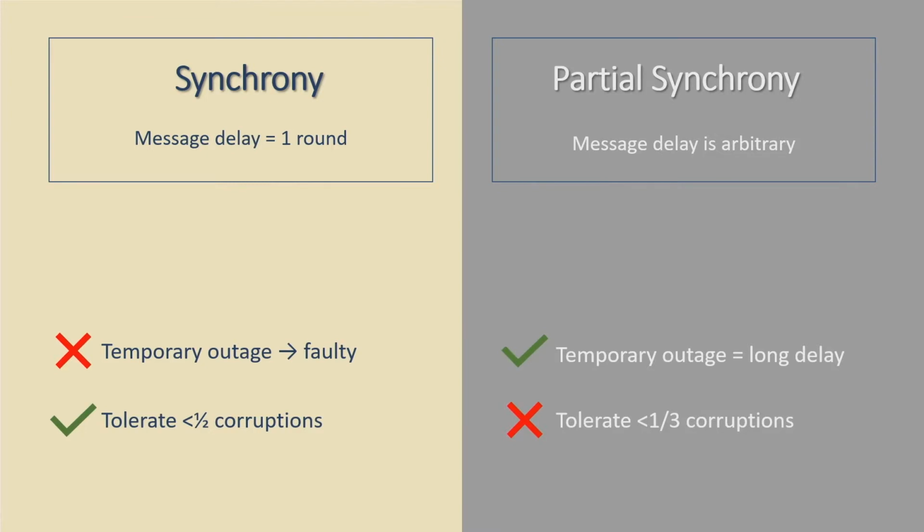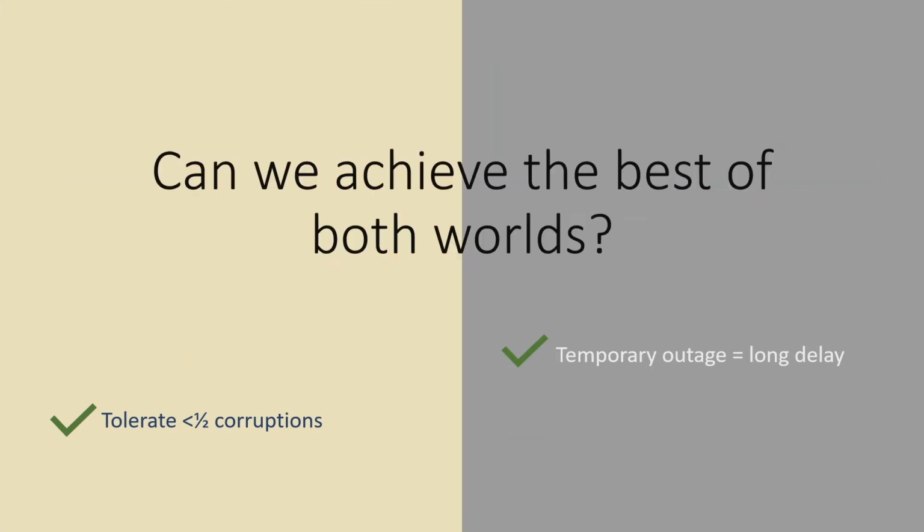Moreover, if you don't care about running a protocol for a very long time, for many, many rounds, you can even get a protocol that tolerates an arbitrary number of corruptions. So an interesting and natural question here is: is it possible to achieve the best of both worlds? Can we both not regard these temporarily offline nodes as faulty, and still get this better resiliency?